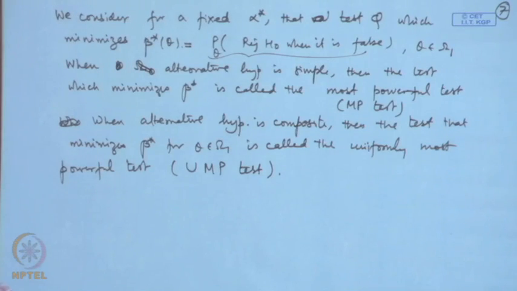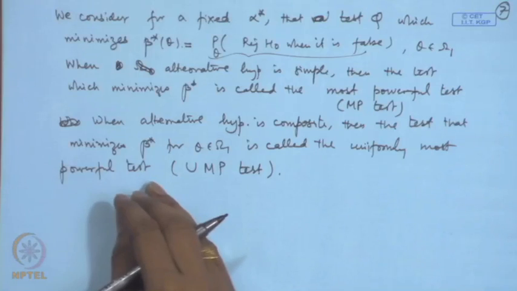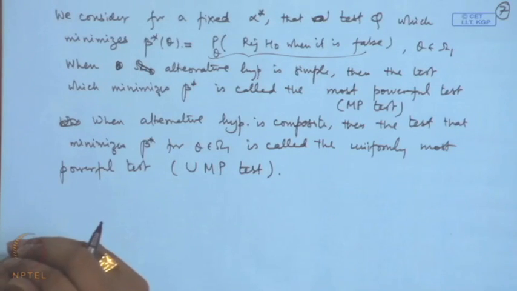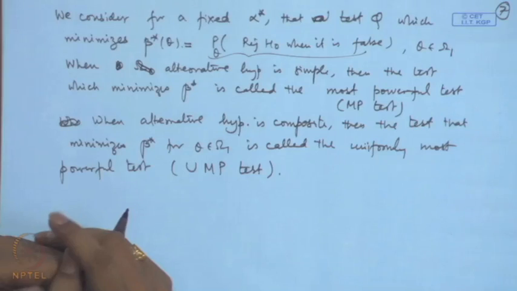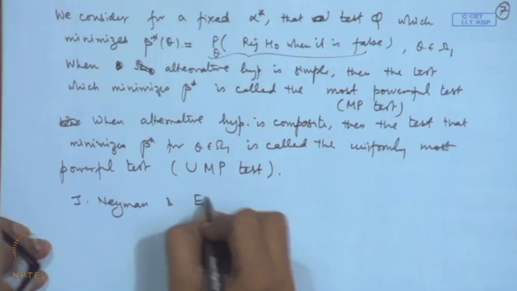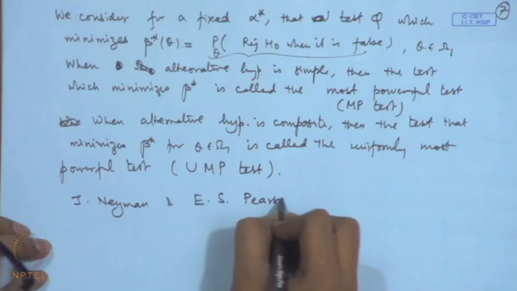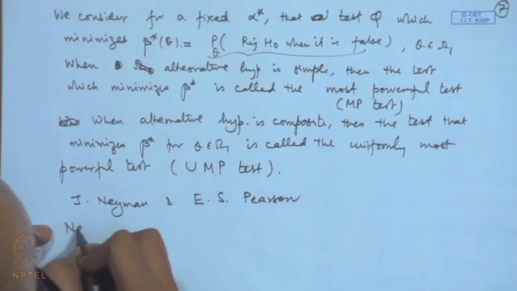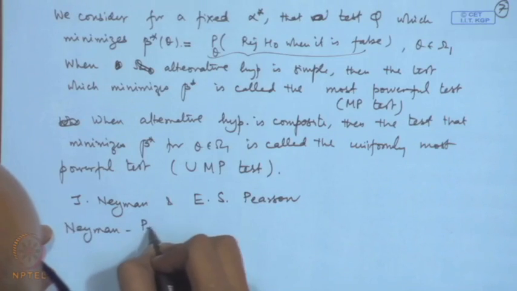So, in a given problem, our aim is to find out the most powerful test or the uniformly most powerful test. This problem of finding the most powerful test has been solved by statisticians, and a solution for the simple versus simple case was introduced in the 1920s by Jerzy Neyman and E.S. Pearson, and the result is famously called the Neyman-Pearson fundamental lemma.